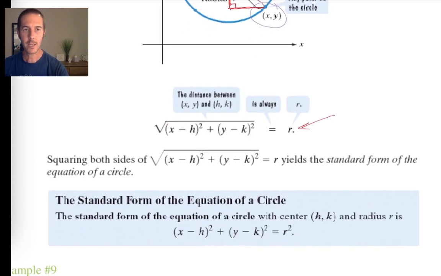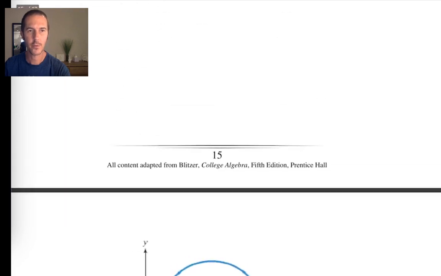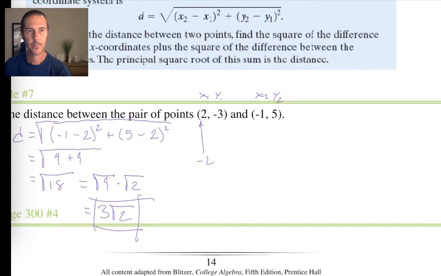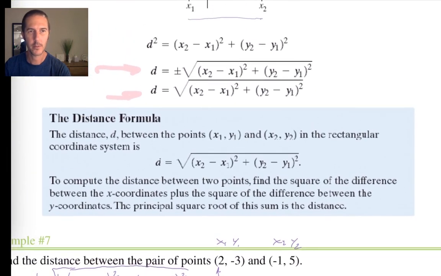Now, instead of having taken the square root of both sides like we did in the distance formula, if we back up one step, this is what the second to last line in the distance formula conversation looked like. Let's just go up there and see it. There it is.